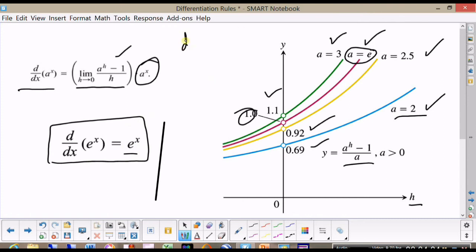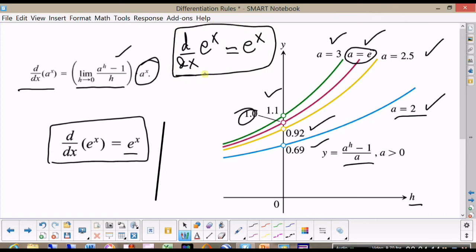So d dx of e to the x is equal to itself. Later on we will have equations for derivatives of other exponential functions, and we'll see what they are. But for now, all you need to know is the derivative of e to the x is equal to e to the x.